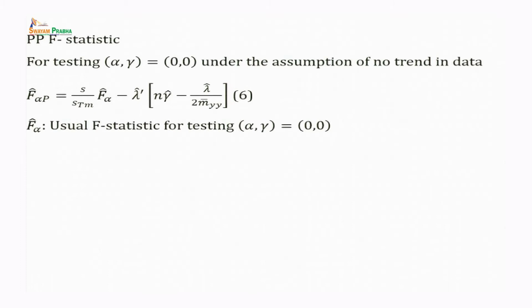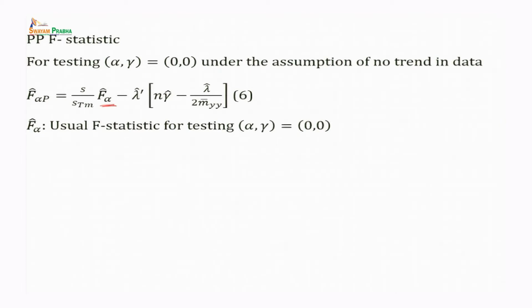Then under the assumption of no trend in the data, we use this F statistic. F hat alpha p is equal to S upon S n m F hat alpha minus lambda hat dash n gamma hat minus lambda hat upon 2 m bar y y. So, F hat alpha is the usual F statistic for testing alpha gamma equal to 0 0, this one.